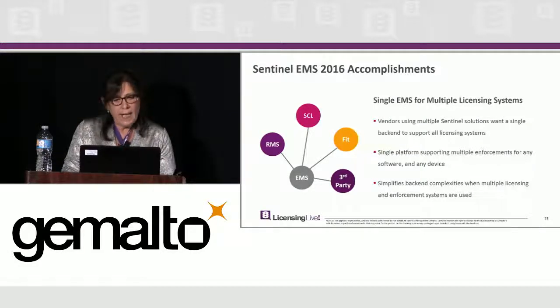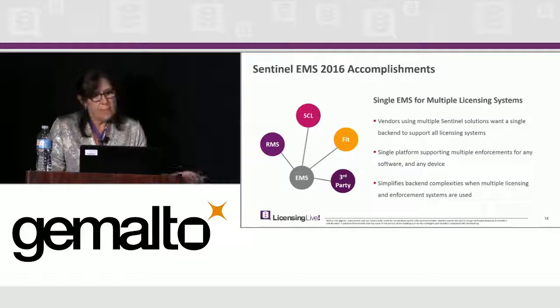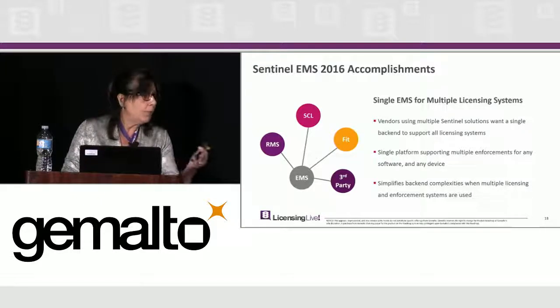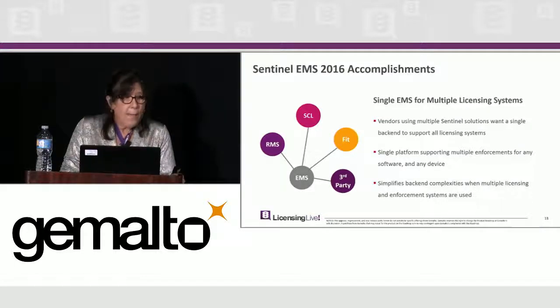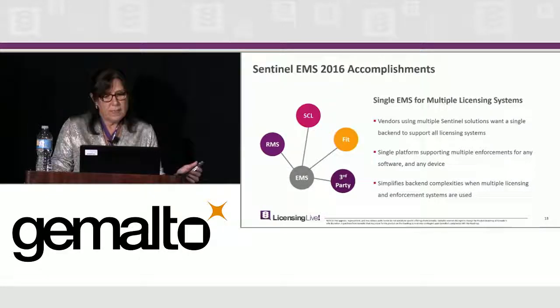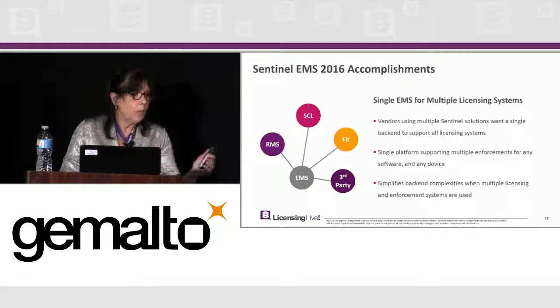It could also be a case where customers are using Sentinel RMS, our solution on one product line, and homegrown or third-party solutions for other products. And as such, they don't want to use a different entitlement system for each one of the product lines.